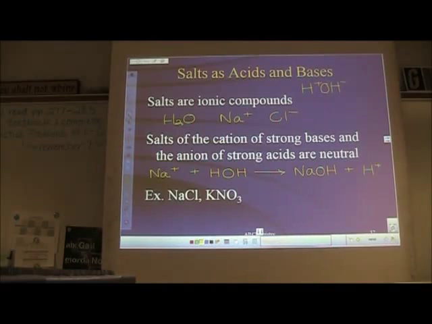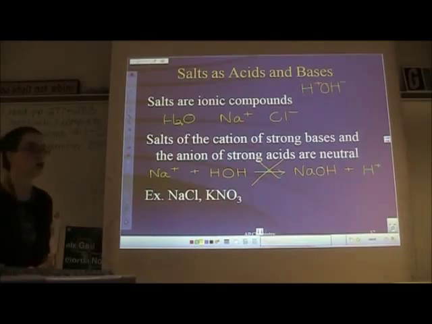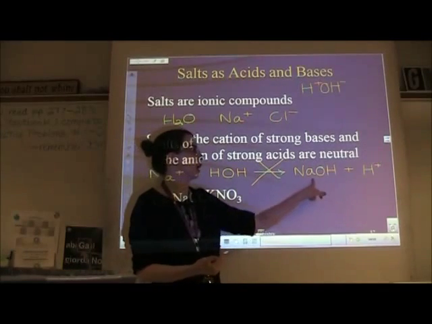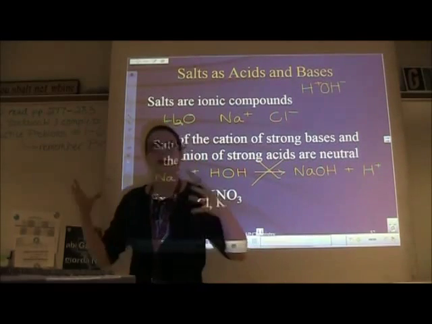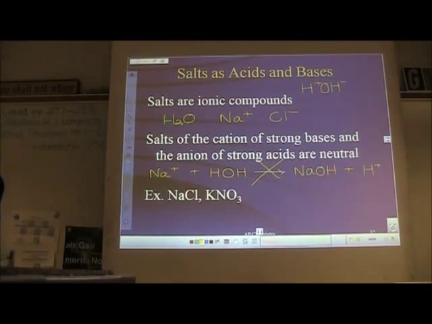It doesn't form. It dissociates. So guess what? This reaction is not going to happen. And it's not going to happen because one of your products is a strong base. Strong bases don't form. They break. So that's not going to happen. So the Na plus is not going to react. I'm going to cross it off.